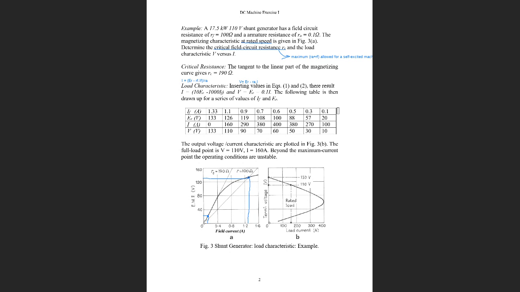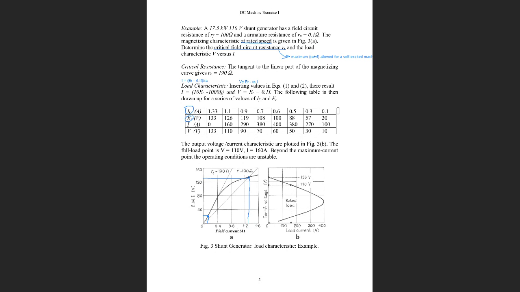So IF here and ER here follow these curves. From these curves, this is reflected in these tables.